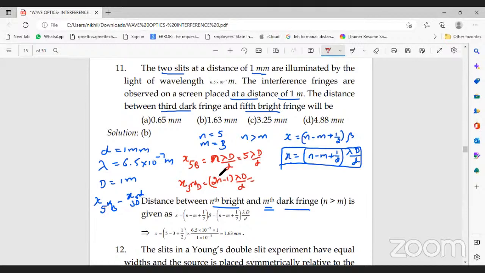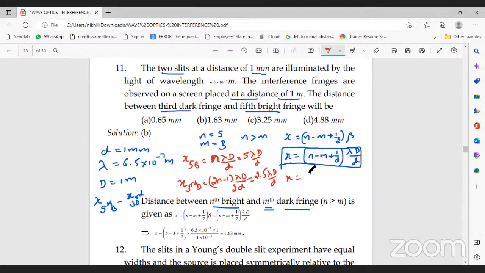For the third dark, n is 3, 2 into 3 is 6, 6 minus 1, 5 by 2, that is 2.5 lambda capital D by d. If you want to take the difference, you will get 5 minus 2.5, that will be 2.5 lambda capital D by d. Here also you will get the same thing, I think.